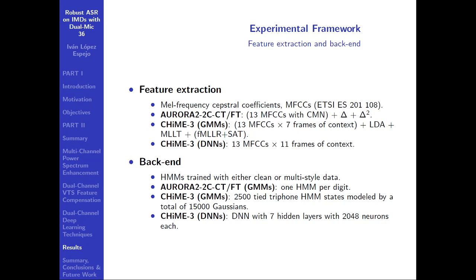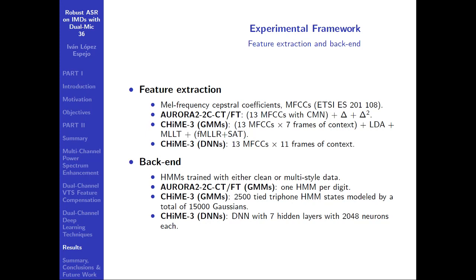And in the case of the Aurora 2 CC-TFT corpora, speech features consist of 13 MFCCs with cepstral mean normalization and delta and delta-delta coefficients. Both Gaussian mixture models and deep neural networks were considered for acoustic modeling in the case of CHiME-3.